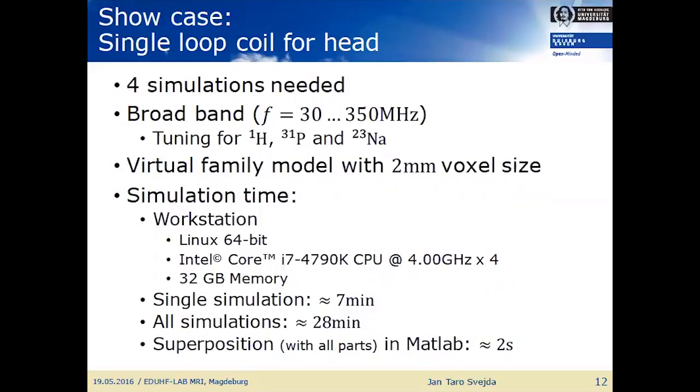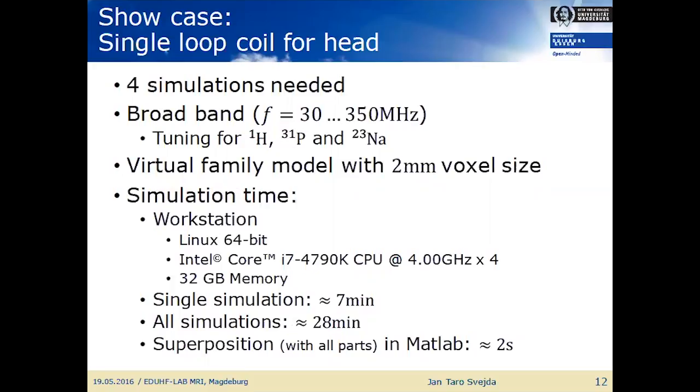And then we are able to tune this simple coil with the capacitors for 3 different nuclei for MRI, so about 298, 121 and 79 megahertz in this case.